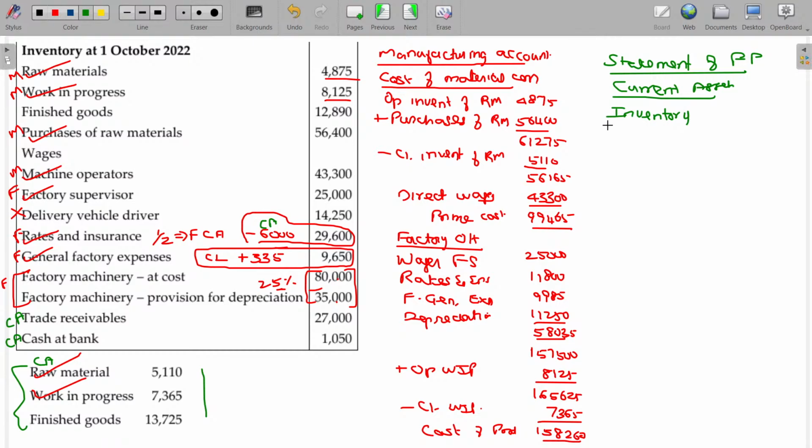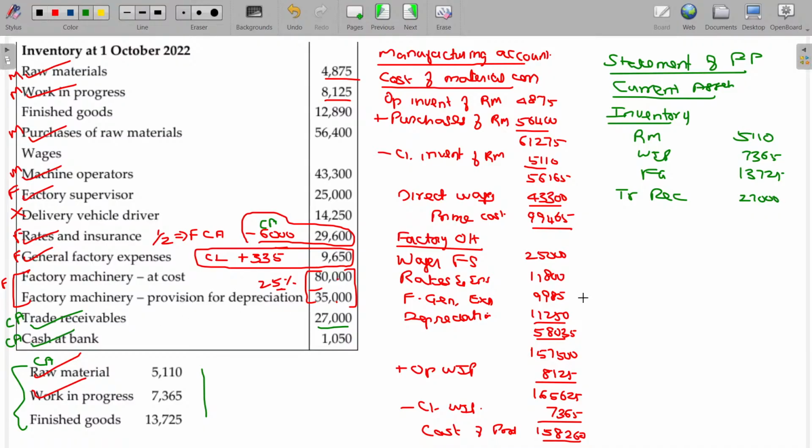Closing inventory will come here. Raw material 5,110. Work in progress 7,365. Finished goods 13,725. Here we have the trade receivables, which is 27,000.